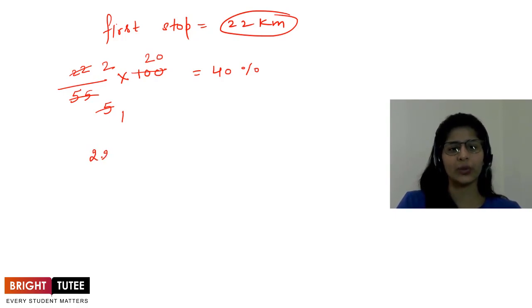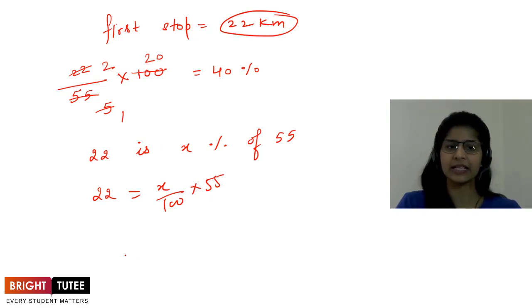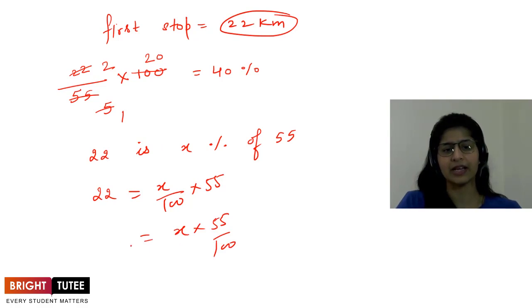Or we can calculate 22 is x percent of 55. Clear? So we have to calculate this x now. So 22 is equal to x upon 100 of 55. Right? So we can write it as x into 55 upon 100, and this side we have 22. Now x can be written as, when you transpose this to the other side, it will get reciprocal.